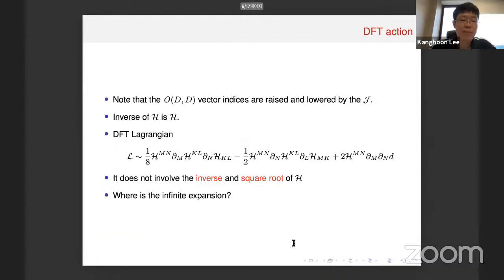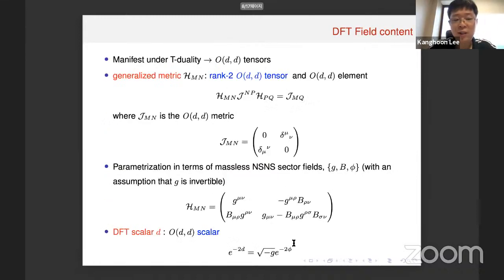One important thing is that when we define the inner product in the generalized tangent space in 2D dimensional space, H is not the metric. It does not define the inner product, but J is the metric, I mean, it gives the inner product.